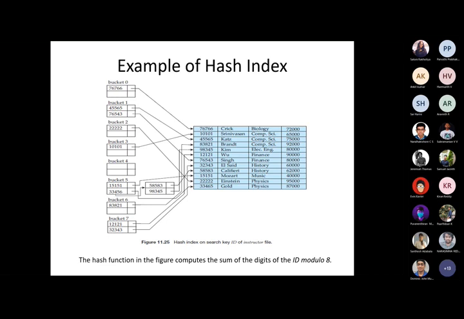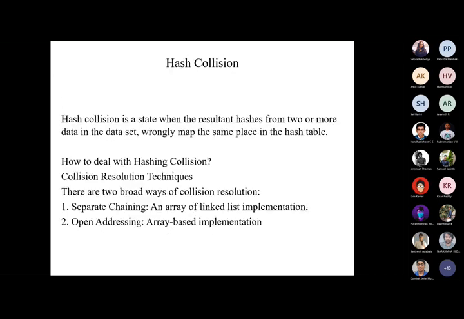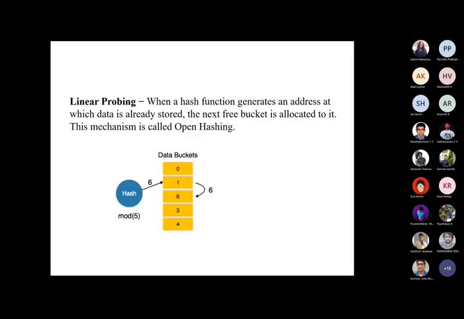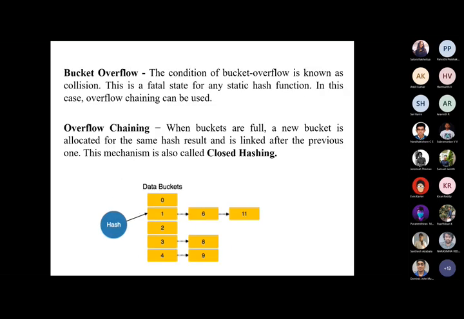So what we do is add one more bucket where you can store a block of records. It's known as bucket chaining. When the buckets are full, a new bucket is allocated for the same hash result and is linked after the previous one. This mechanism is known as closed hashing.